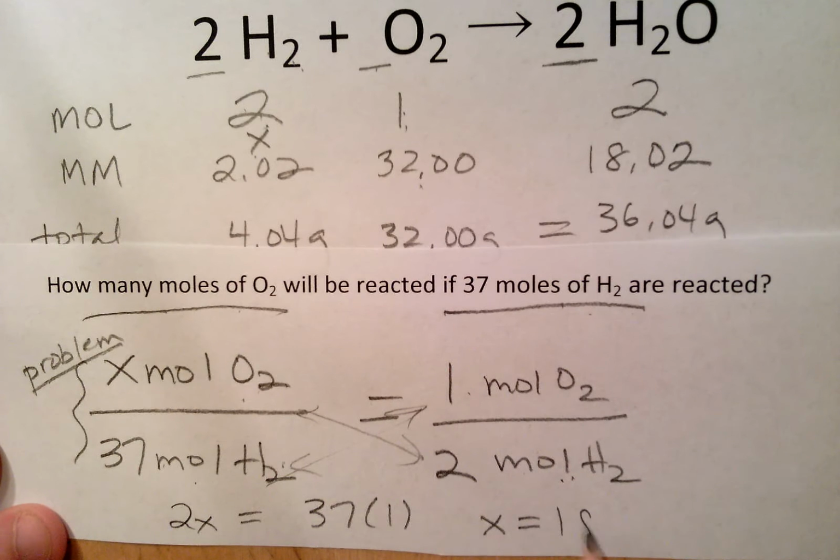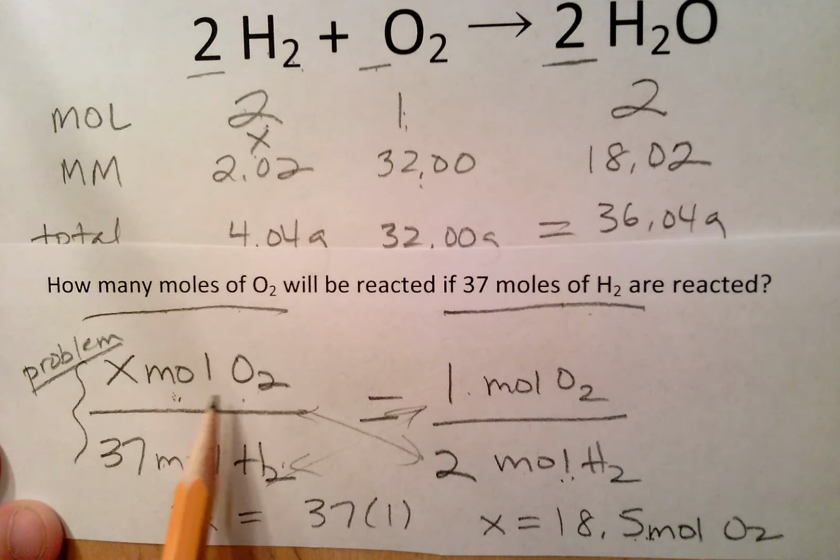It's what you're solving for, x, moles of O2. You set 37 times 1 equal to 2 times x, and then you just divide both sides by 2 to get rid of the 2 here. And then you end up with 18.5 moles of O2.